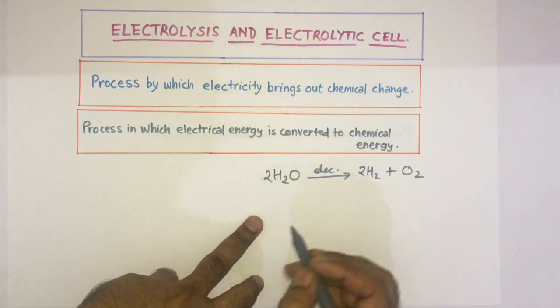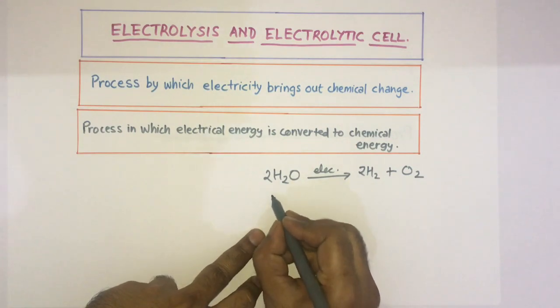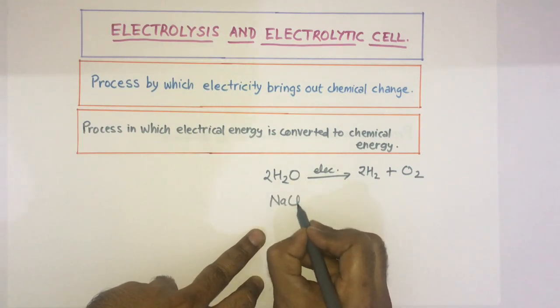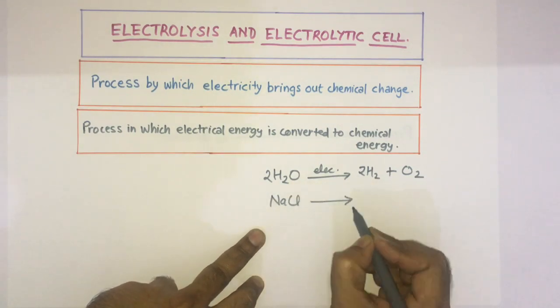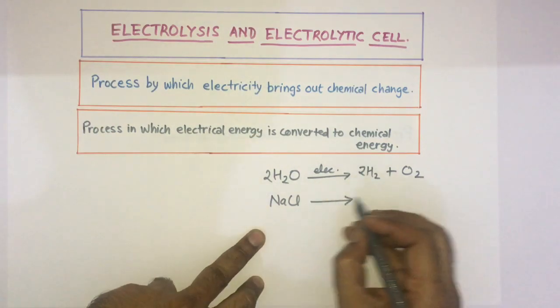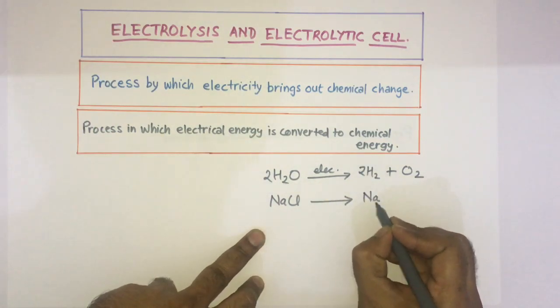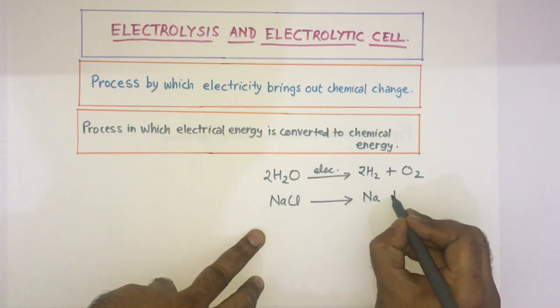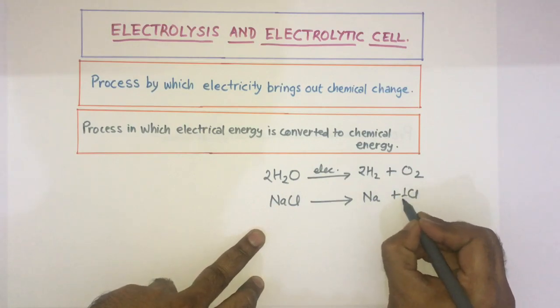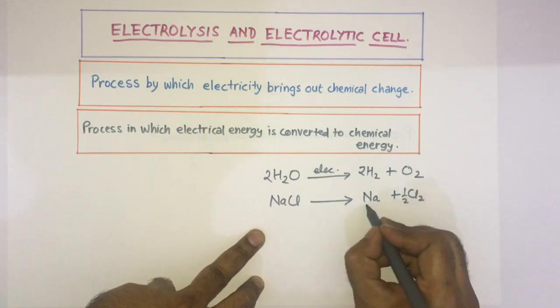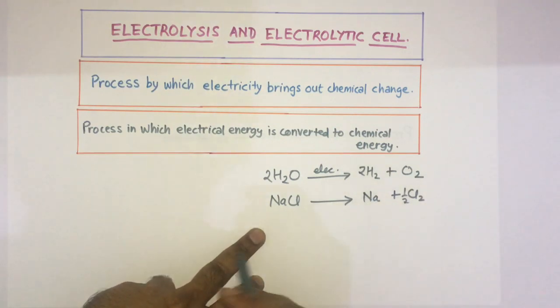And electrolysis of sodium chloride, NaCl, forms sodium metal plus chlorine gas. Now these are non-spontaneous reactions.